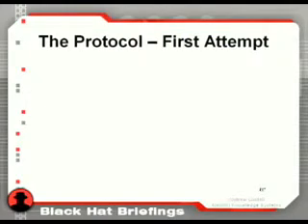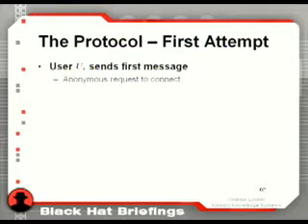So here's the first attempt at a protocol, and it's surprisingly simple. It's not quite secure yet, but we'll see why, and it gives the flavor of how it can be done. This seems like a very difficult problem, and I'm stretching it out a little bit because the solution is actually surprisingly simple. The user sends a first message, which is just an anonymous request to connect.